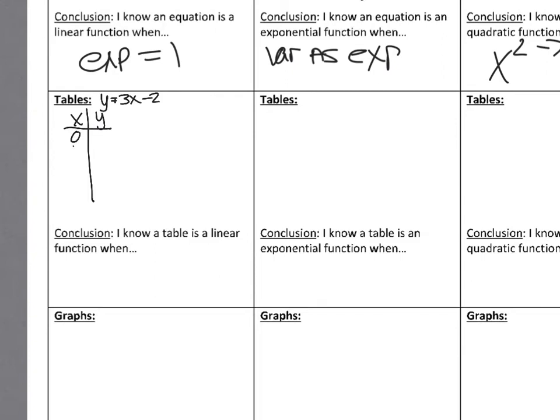If I have 0, 1, 2, 3, 4, and my y would be, if x is 0, I plug in 0 for that, my y is going to be minus 2. If I replace x with 1, 3 minus 2 is 1. If I replace x with 2, 6 minus 2 is 4. If I replace x with 3, 9 minus 2 is 7. And if I replace x with 4, 12 minus 2 is 10.